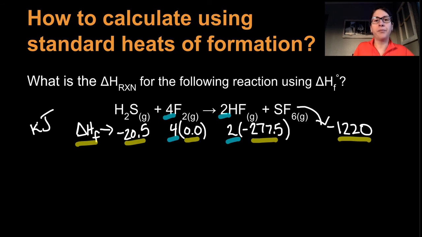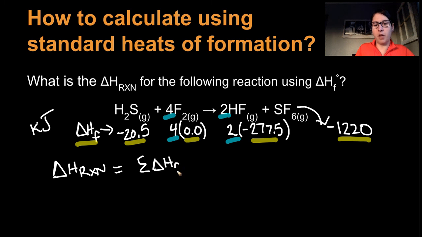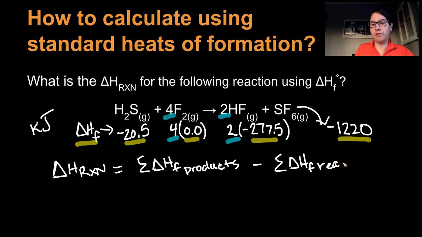Okay. So once I have all of these, what I want to do is figure out my enthalpy of my reaction. To do that, I'm going to take the sum of my heats of formation of my products minus the sum of my heats of formation of my reactants.